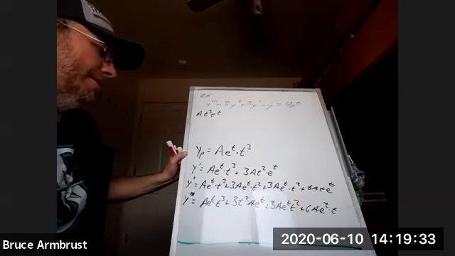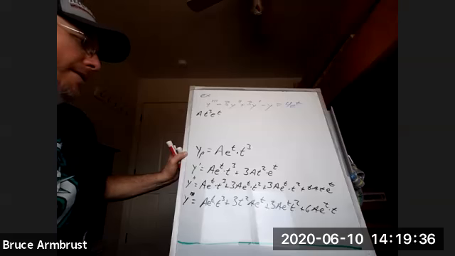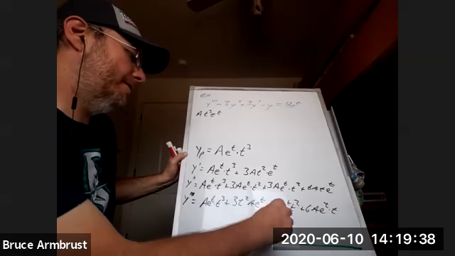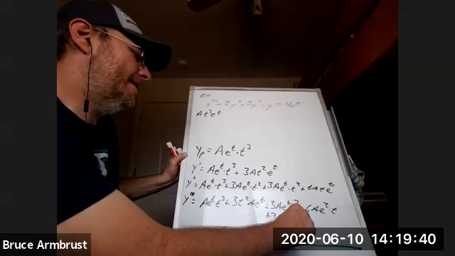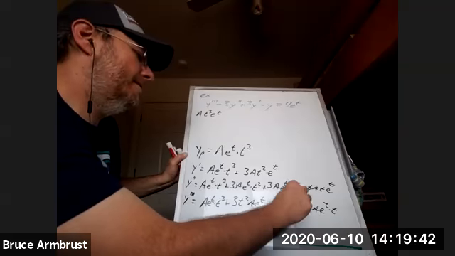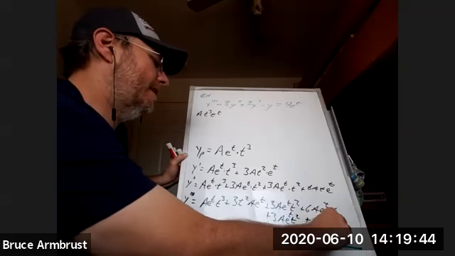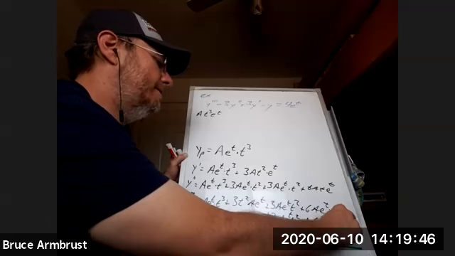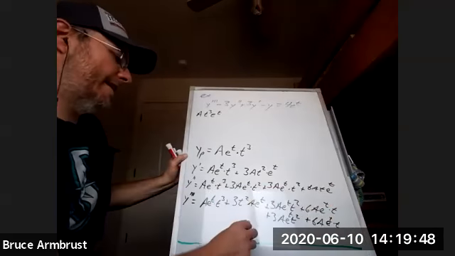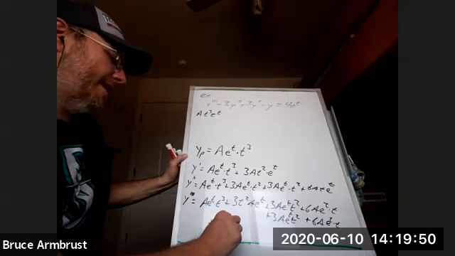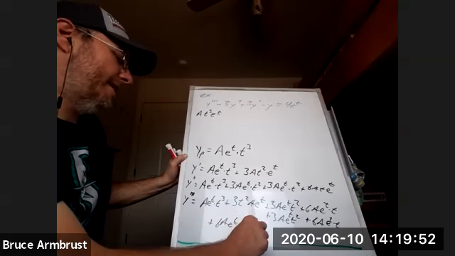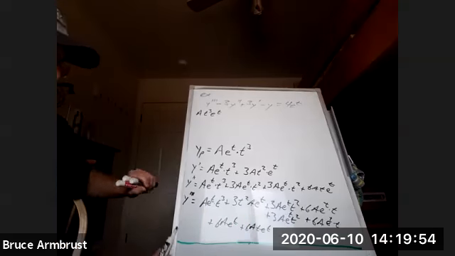This piece gives me another 3a e to the t squared plus 6a e to the t times t, and then that gives me a 6a e to the t plus 6at e to the t.